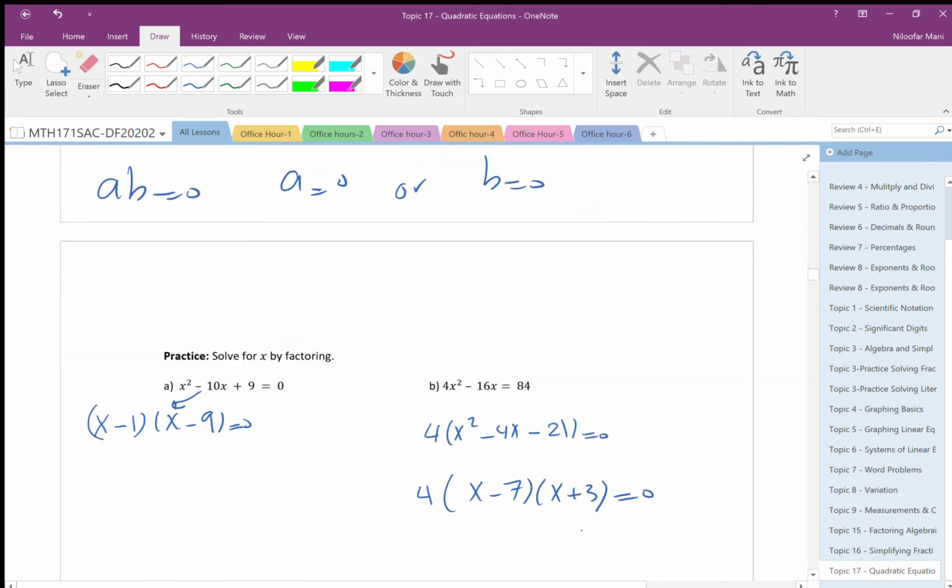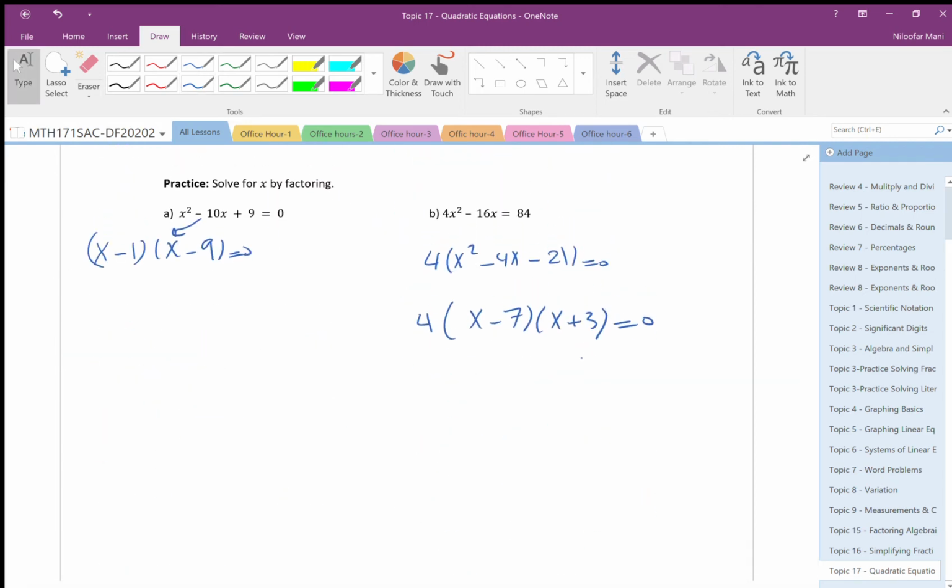Okay, so now I want to do the same thing here. Before I start to find the roots, I just factor, because you know how to do that. So I factored and then I say, okay, x minus 1 equals 0, x minus 9 equals 0.